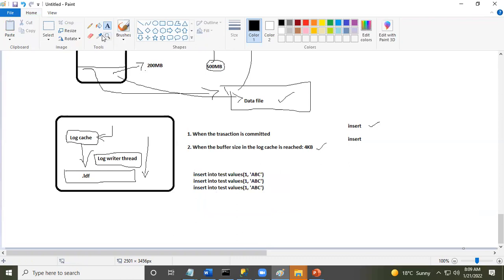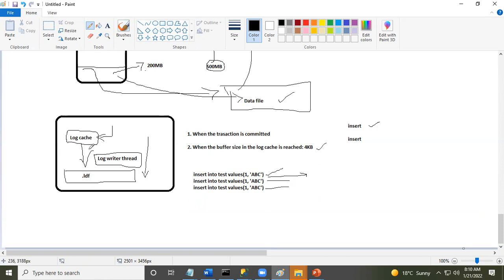This one is an auto commit transaction. As soon as the transaction completes, it is committed, and it is written immediately to the log file.